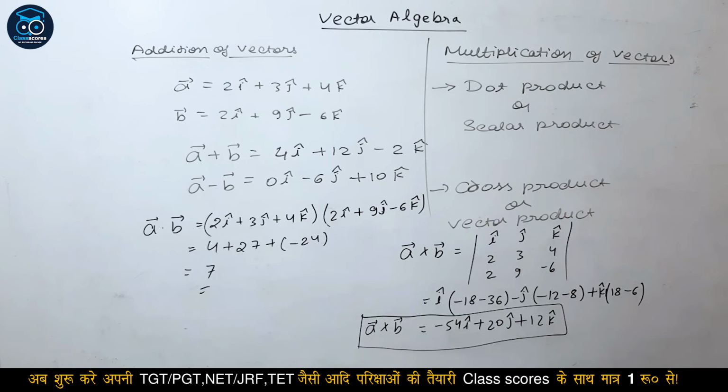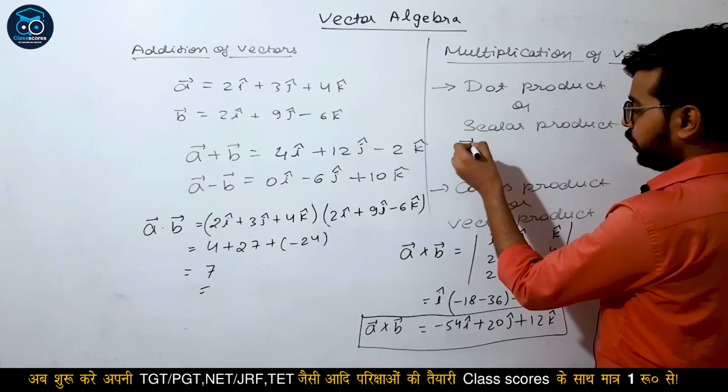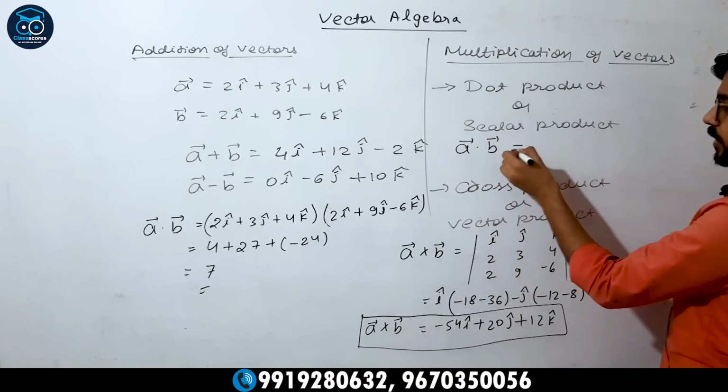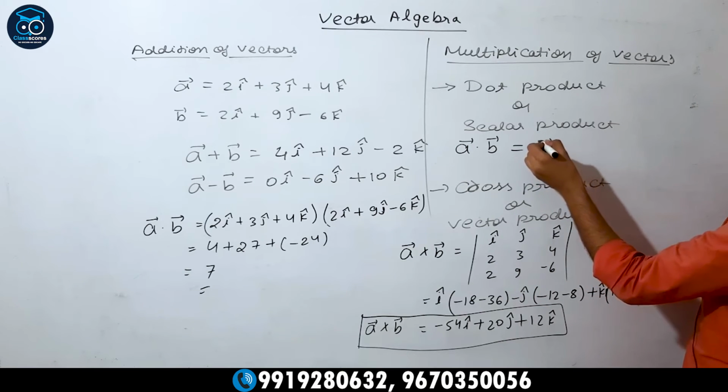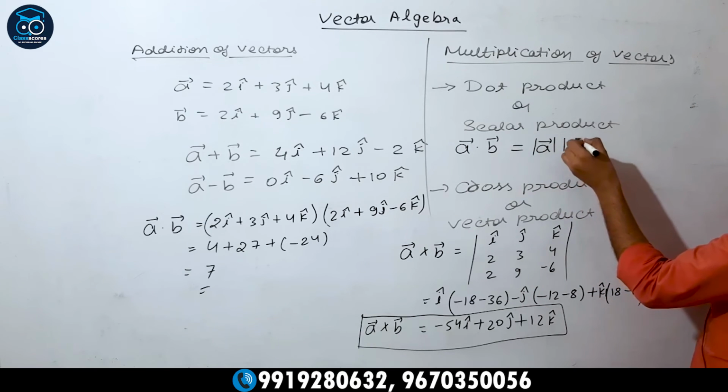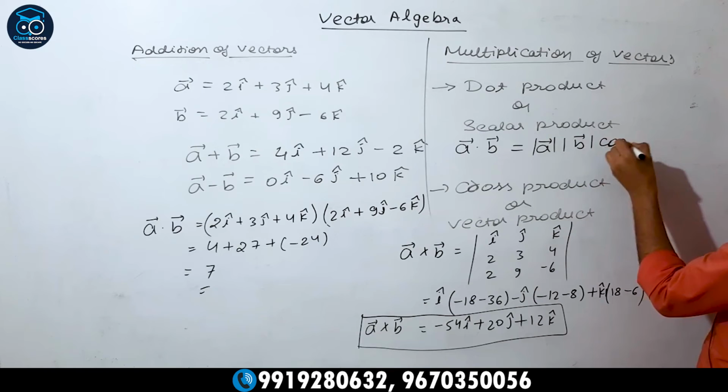Clear? Now dot product contains an equation, that is a vector dot b vector equals mod of a, mod of b into cos theta.